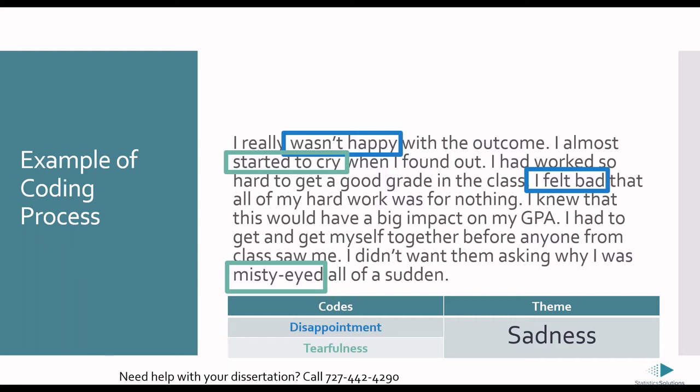Both disappointment and tearfulness are expressions of sadness. So that could be the theme name. So this is what we do across all of our data. We read, we code, and we start to look for similarities in those codes.